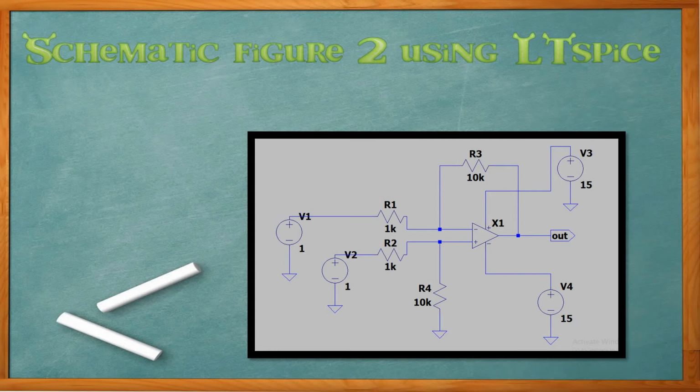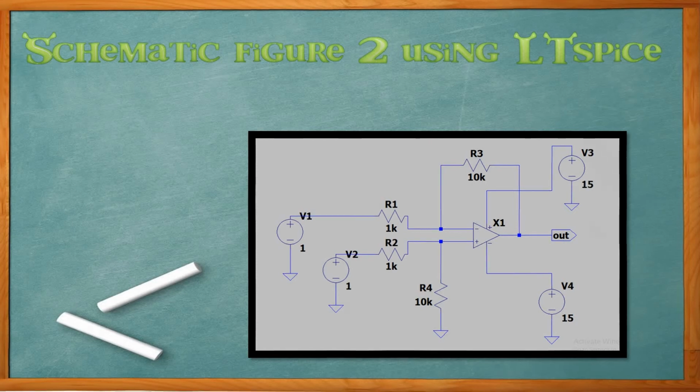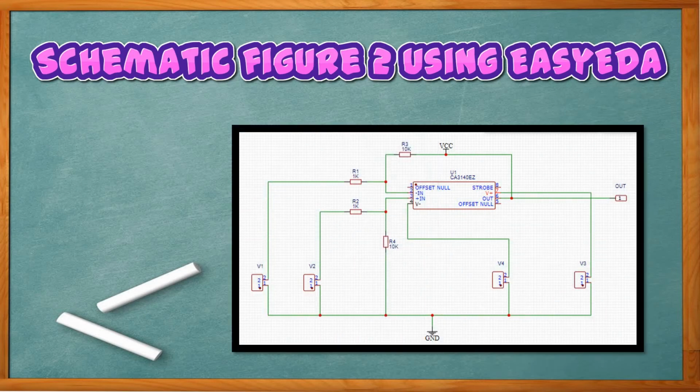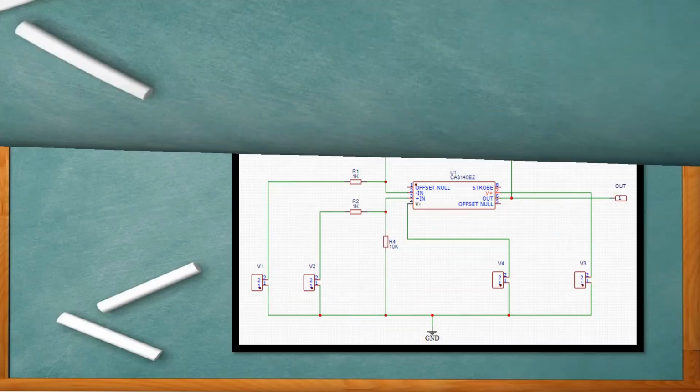Okay, this is schematic figure 2 using LTspice. We use resistor and IC. Next. Okay, this is schematic figure 2 using EasyEDA.